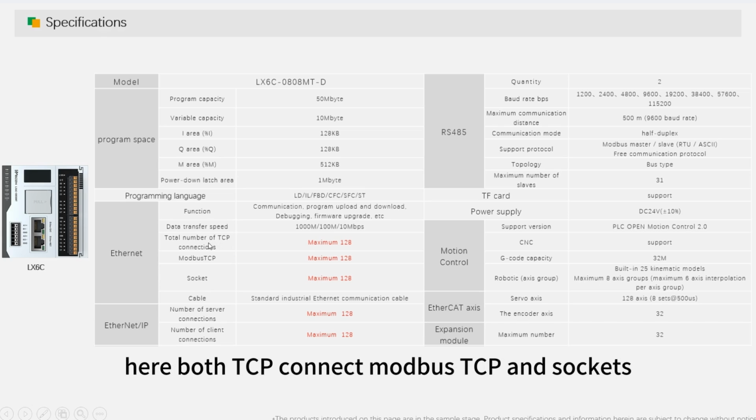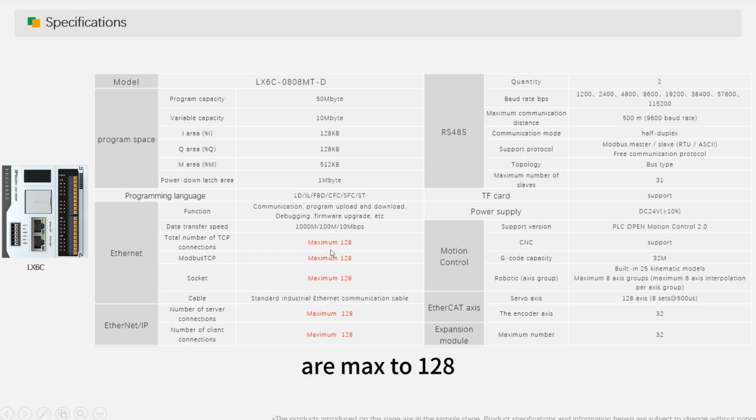Here, both TCP connect, Modbus TCP, and sockets are maxed to 128. For Ethernet IP protocol, the connections number of slave and client are both maxed to 128.